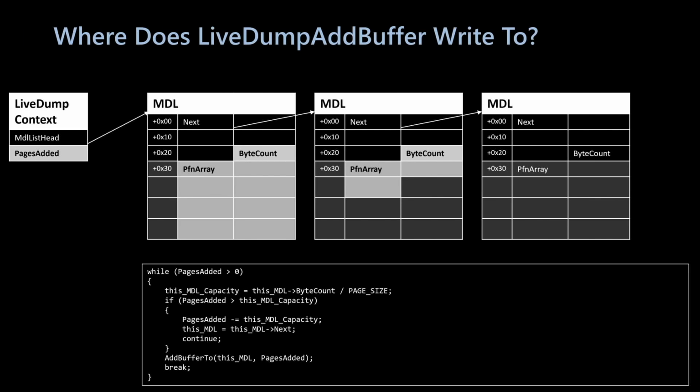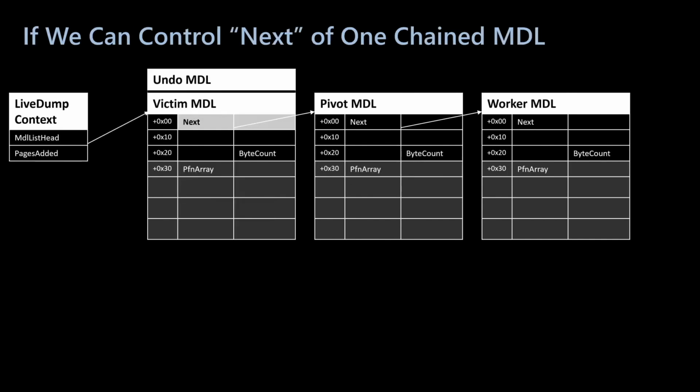Pages added in the LeftDump context determine where to write to when calling LeftDump add buffer. Byte count in each MDL determines its capacity. After filling up its capacity, the writing cursor will be moved to the next MDL in S list. The calculation of the writing cursor is demonstrated here with this pseudocode.